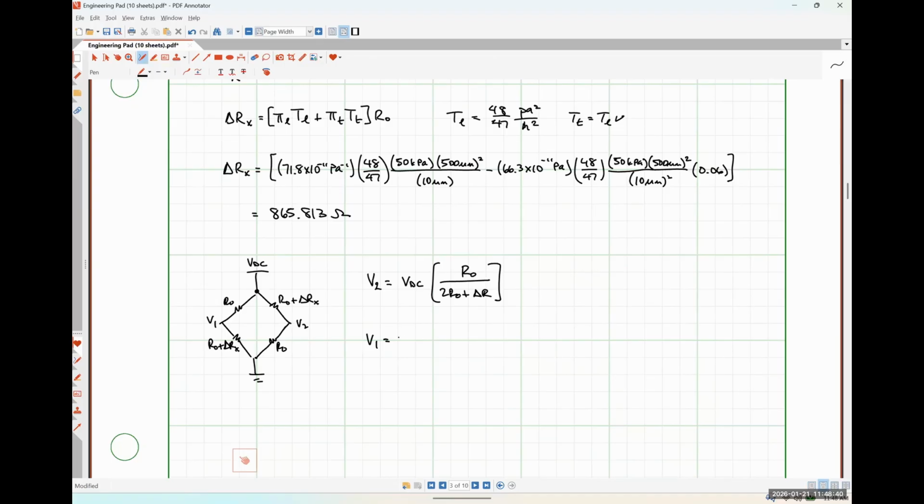V1 would come out to be VDC times R naught plus delta R over twice R naught plus delta R.